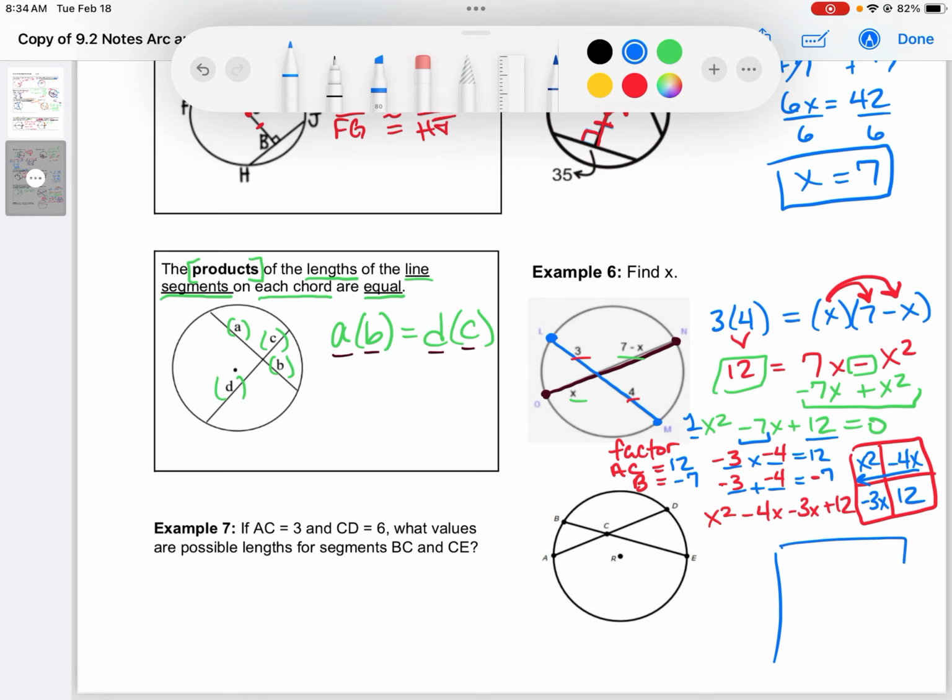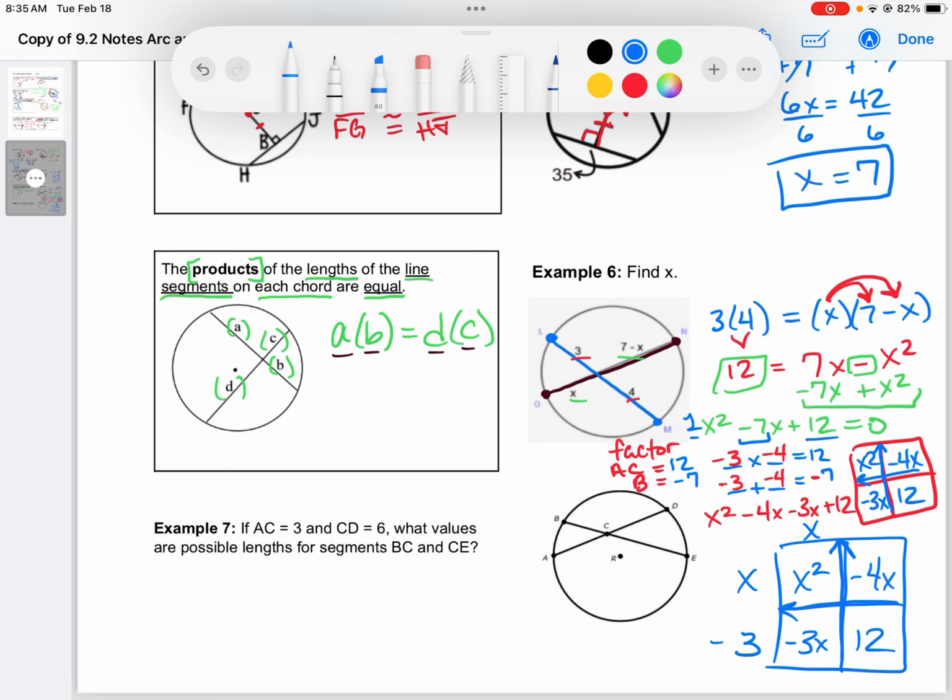And so, let me actually write this a little bit bigger. On the left side, or excuse me, the top row going to the left, I can take out an x from both of them. And then on the bottom row, I can take out a -3. And then after you factor to the left, you factor vertically, okay?